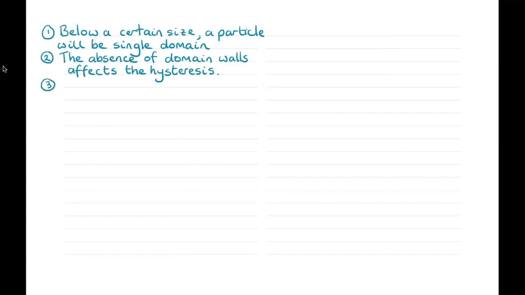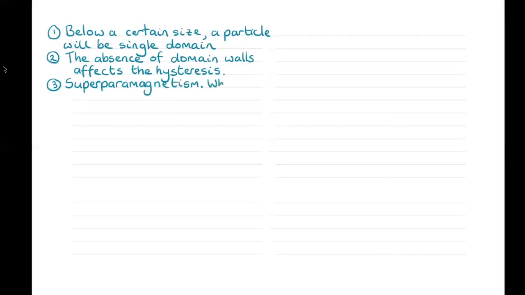And then finally, we'll discuss a phenomenon known as superparamagnetism, which describes the phenomenon in which, when the particles are too small, then the hysteresis is lost completely.